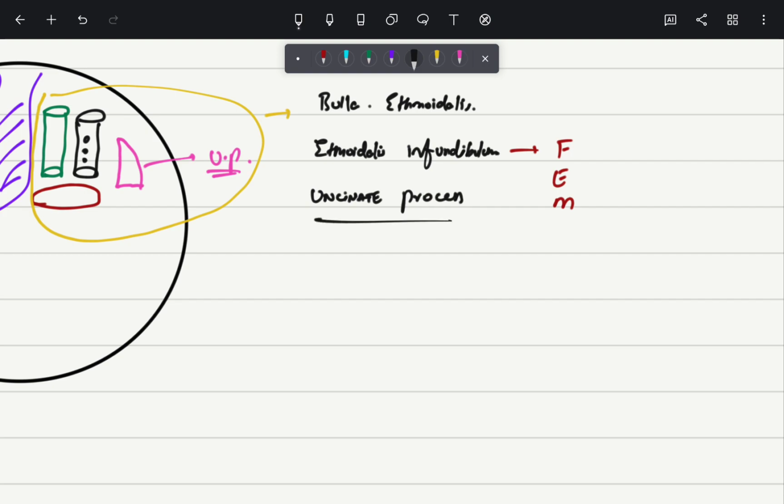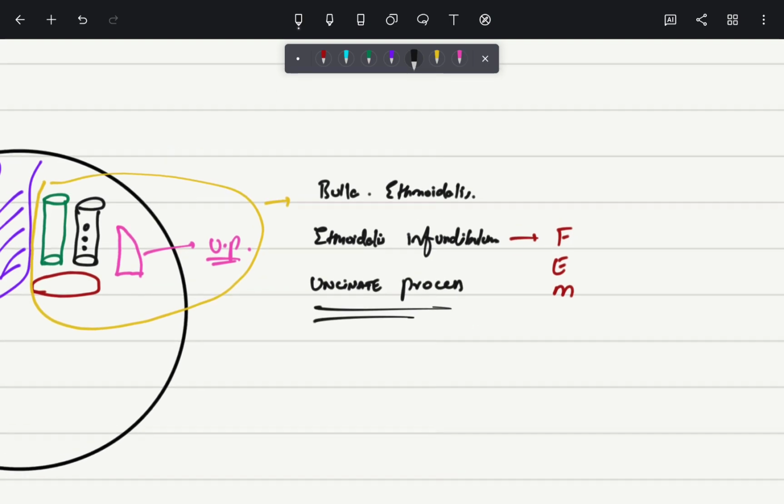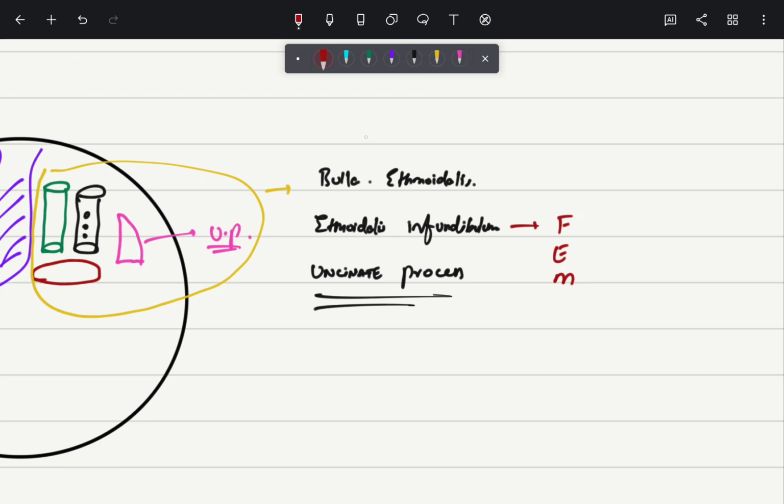All this complex is called your osteomeatal complex. So what is meant by osteomeatal complex?